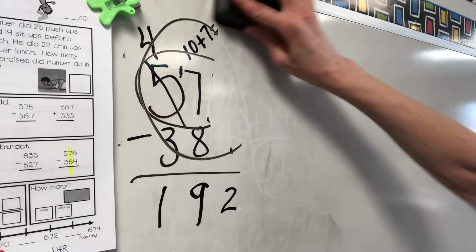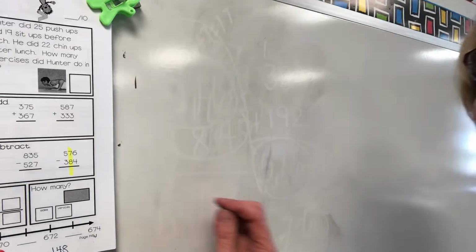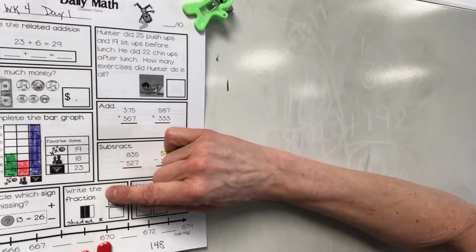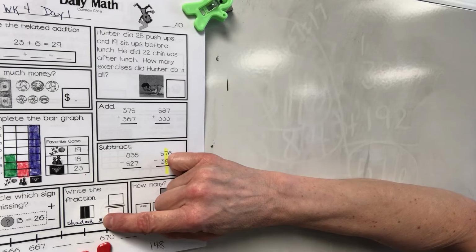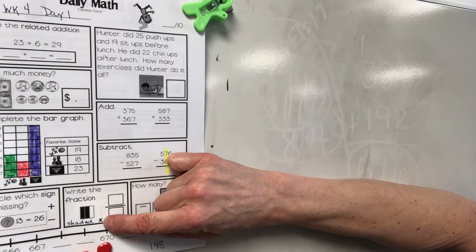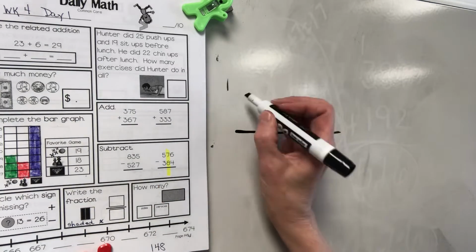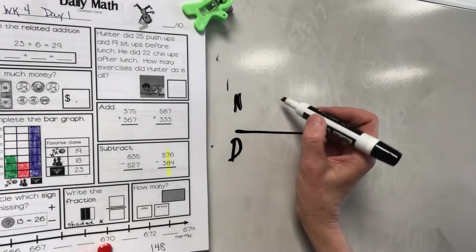The last one I want us to focus on for the math packet is the fraction question. It should read, write the fraction for the shaded portion. What part of the fraction is shaded? So our numerator is our top number. Our denominator is the bottom number. How many parts are shaded?